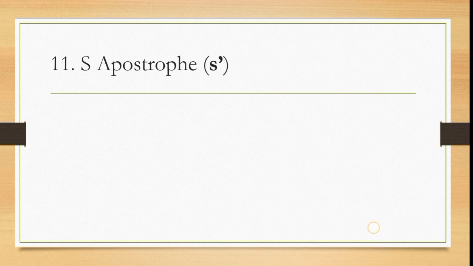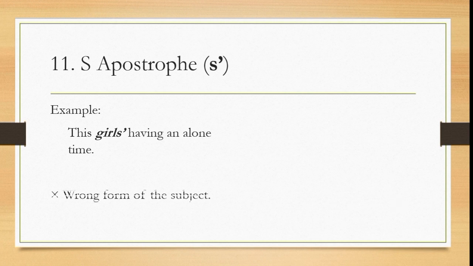Next is S apostrophe. Example, this girls' having an alone time. It's the wrong form of subject because S apostrophe is commonly used for plural objects, and the word "this" is actually used for singular subjects, and the S apostrophe is for plural, so it is a wrong subject-verb agreement.